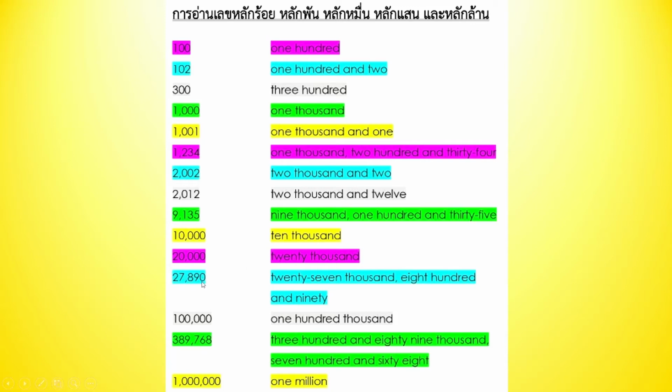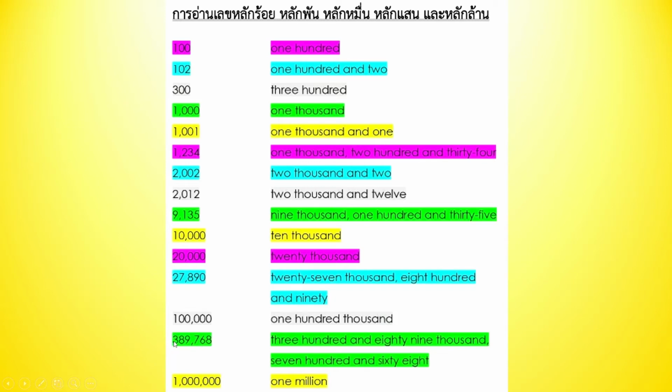The blue one, 27,890. This number in Thai we call หลักแสน. But in English we say 100,000.